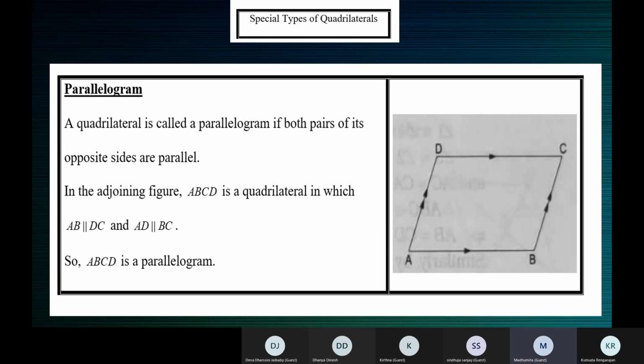What's the second point, Sanjay? Both pairs of opposite sides are equal. Very good. Sindhuja, what's the third point? Both pairs of opposite angles are equal. Very good. Dhanya, fourth one?